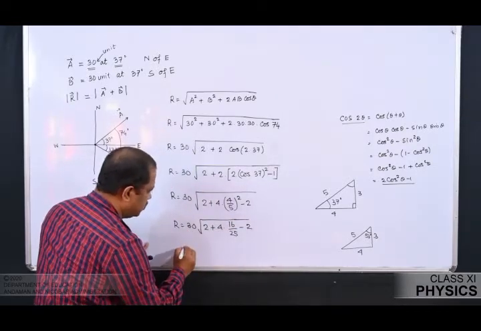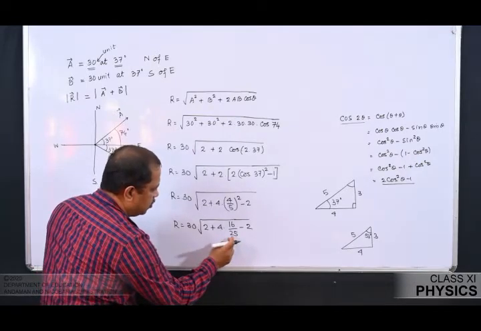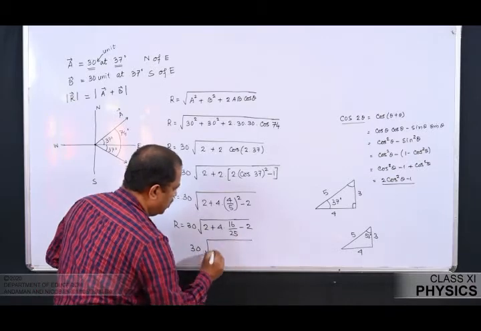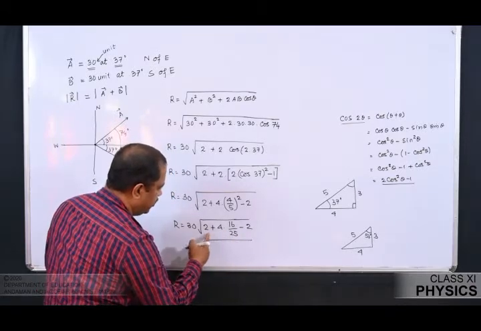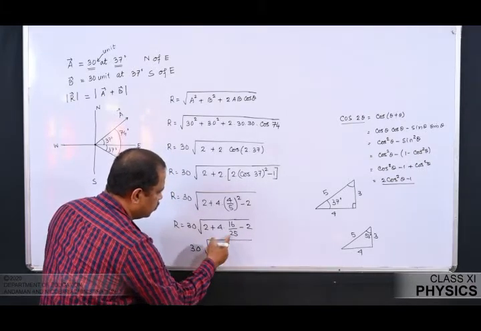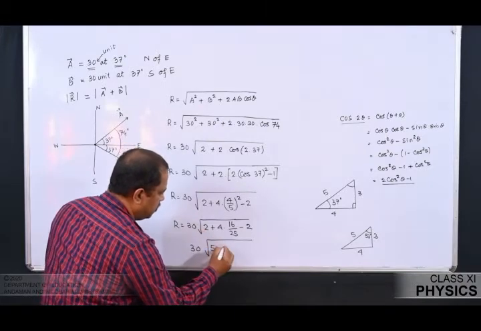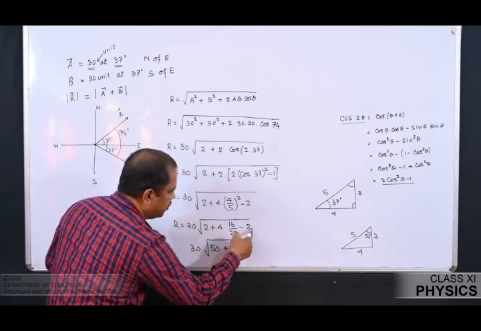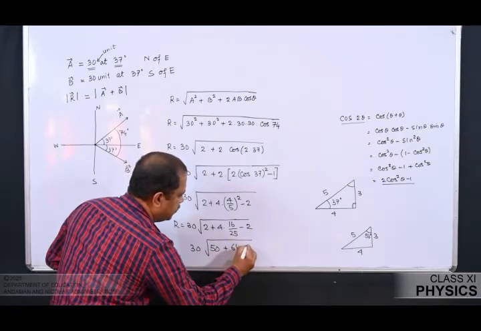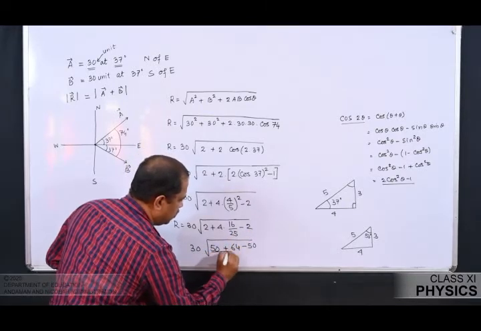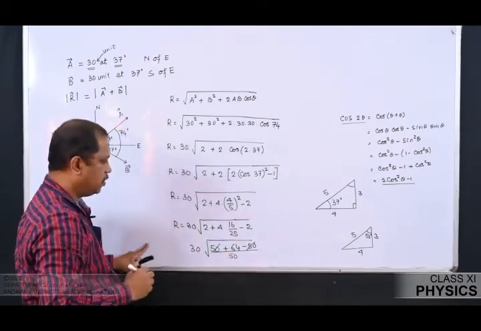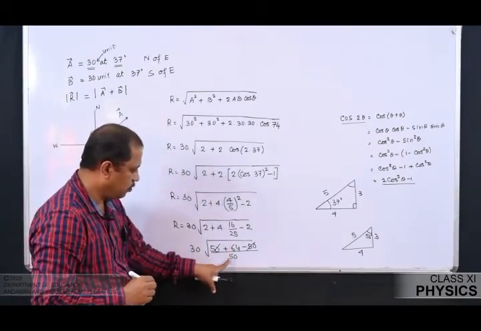If I solve this, I'll get 30 under root of 25 into 2 is 50 plus 4 times 16 is 64, minus 2 into 25 is 50, and whole divided by 25. Minus 50 plus 50 gone. So I am left with under root 64 upon 25.